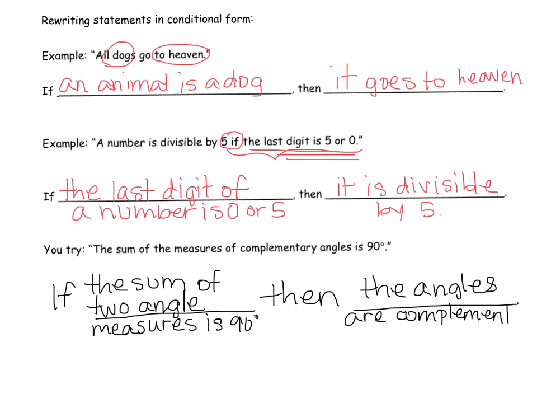And this one you actually could have written the other way as well. You could have said, if two angles are complementary, then their sum is 90 degrees. And we'll talk a little bit more about that later.